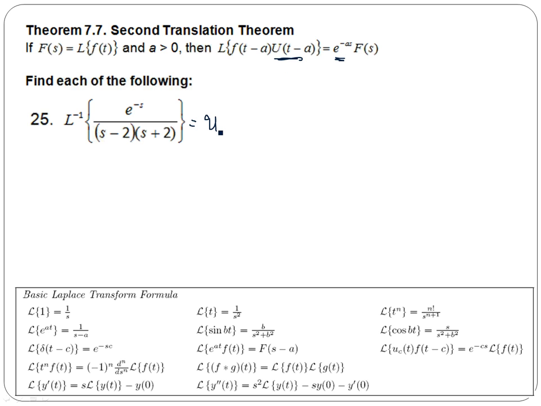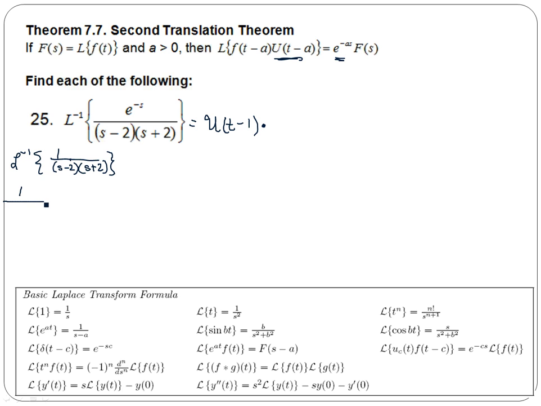That tells me I'm going to have u(t minus 1) multiplied by the inverse Laplace of 1 over (s minus 2)(s plus 2) with that same shift.